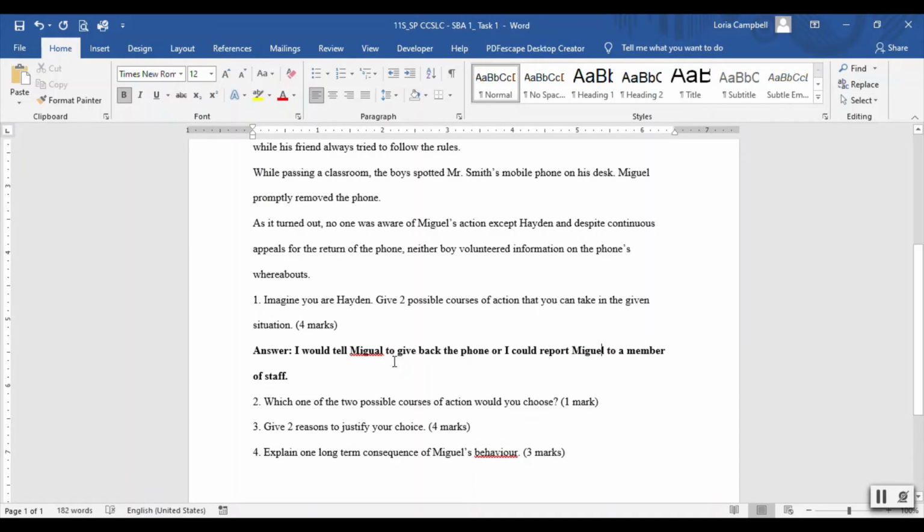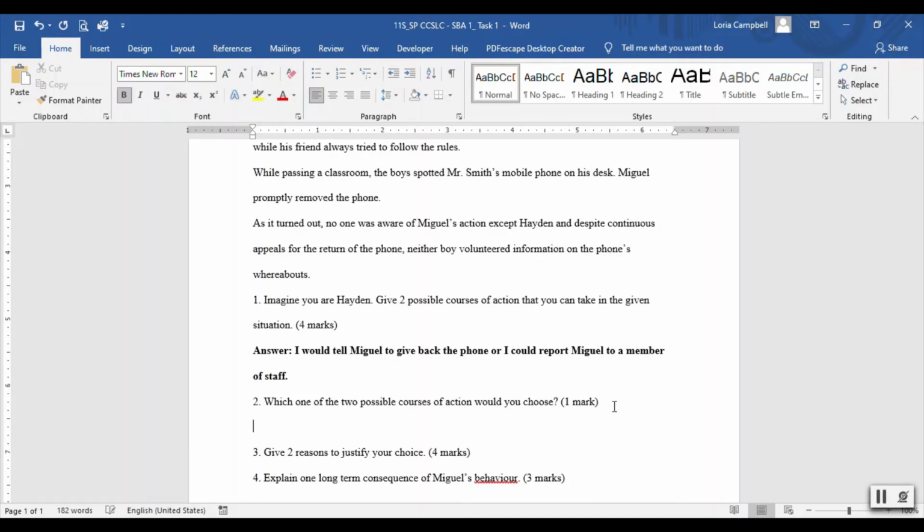Now, of the two things I would have stated here, I'm going to choose one. So I would choose this, and I could easily just copy this, because there's no point in making life harder than it is.